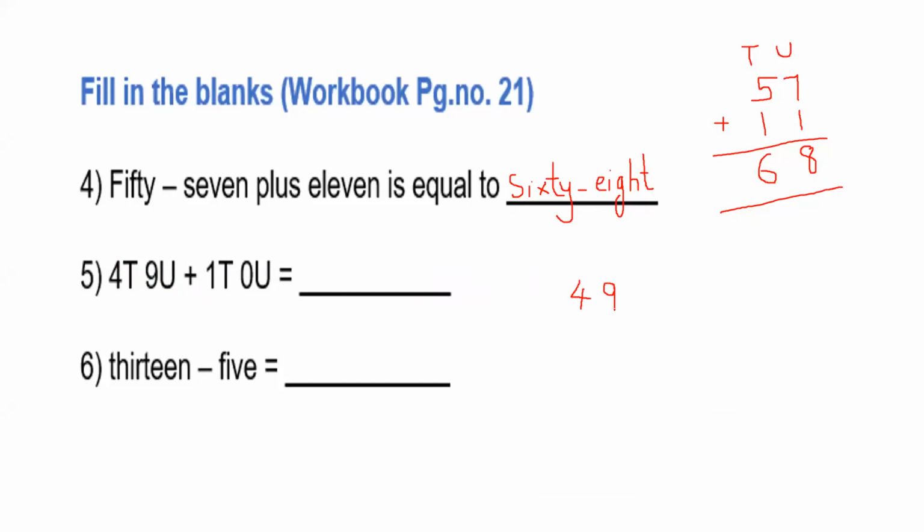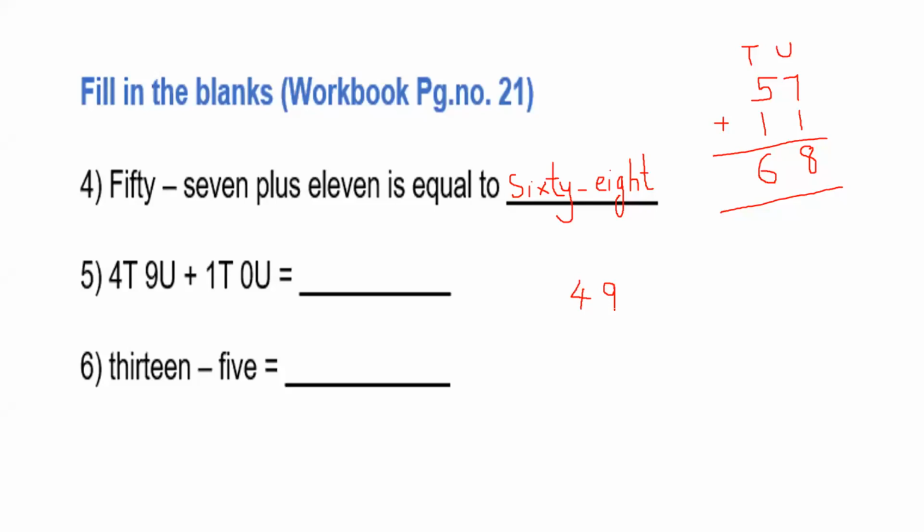This you have already studied, right? 4 tens means 4 in tens place. 9 units means 9 in units place. So the number will be 49, where 4 is in tens place and 9 is in units place.